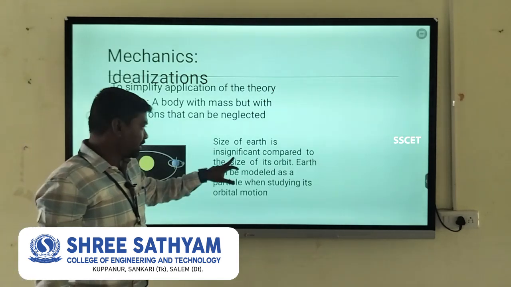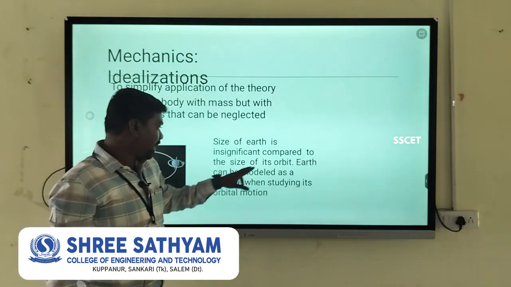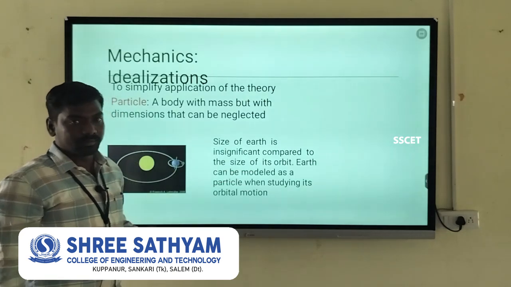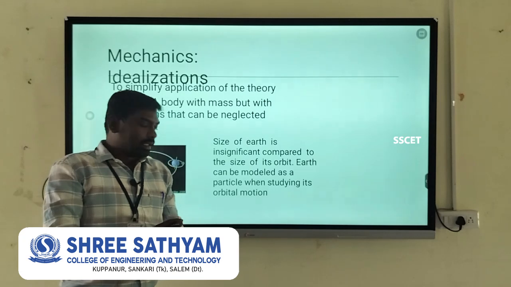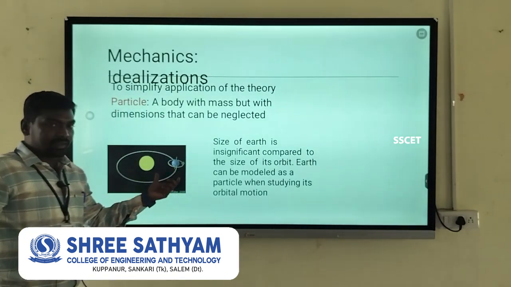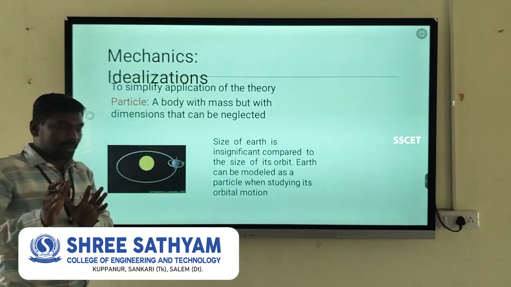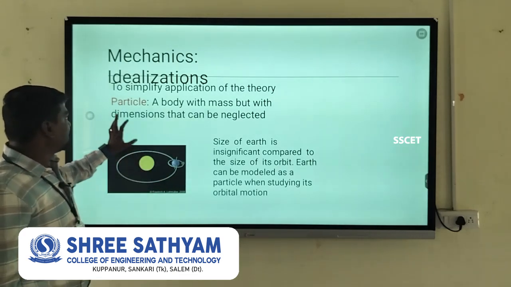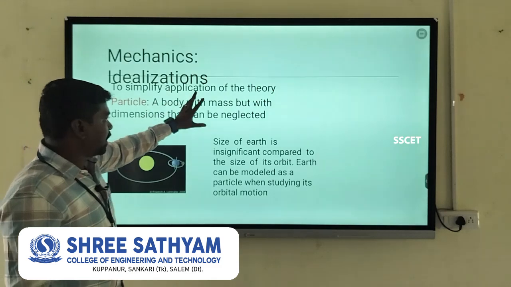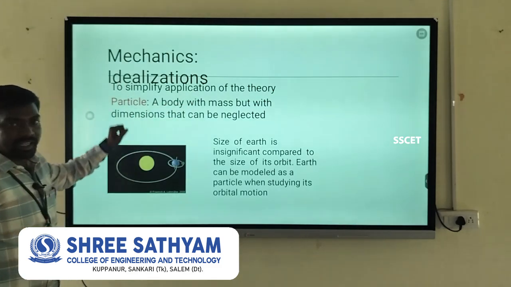The size of the earth is insignificant compared to the size of its orbit. So this is an example of a simplified application of the idealization of mechanics.